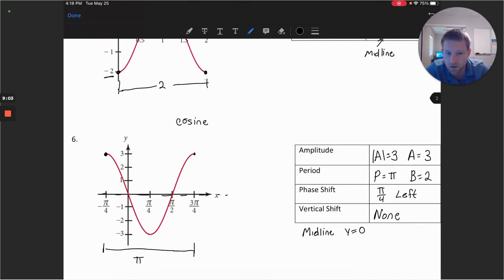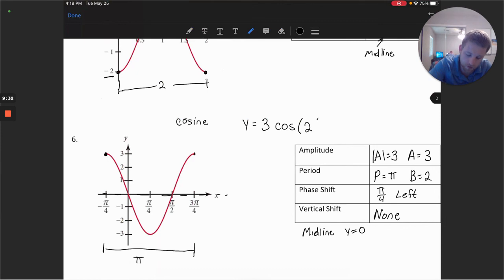So let's consider now putting these pieces of information together to write an equation. We'll start with y is equal to, our amplitude is going to be 3, a is 3. We'll start with our cosine function. We have a b value that's going to be equal to 2 based on our period.